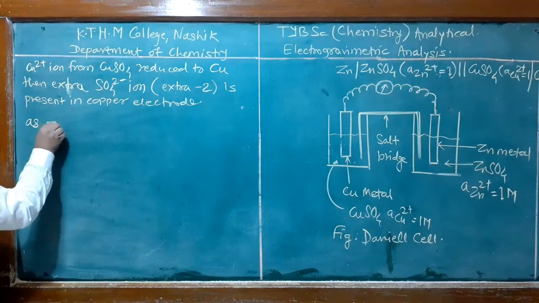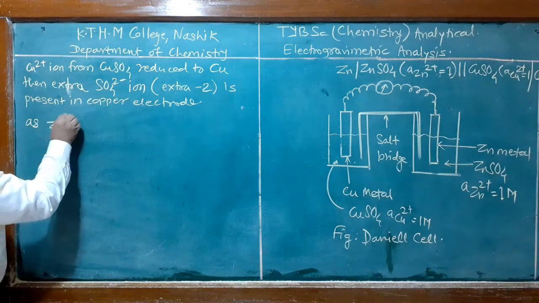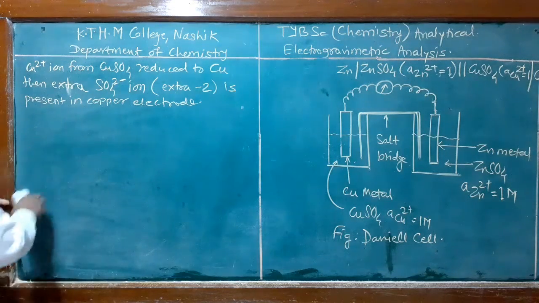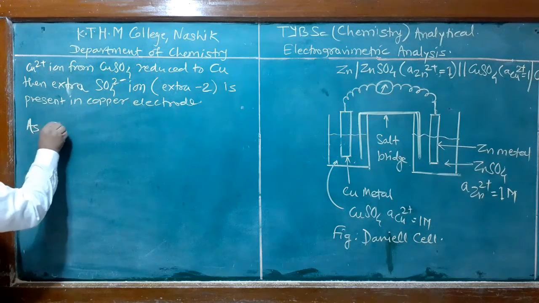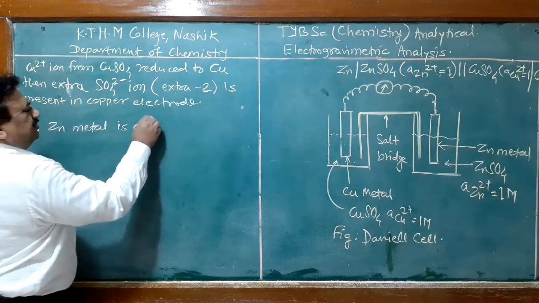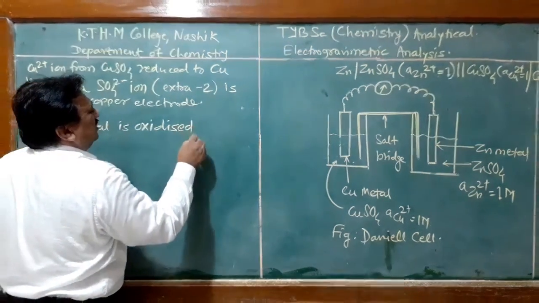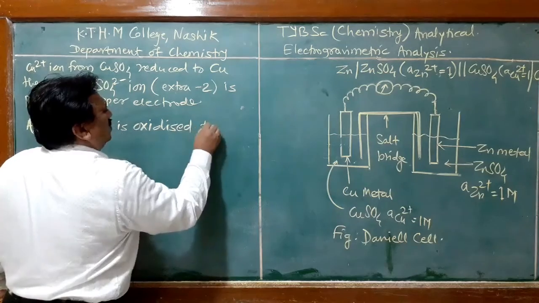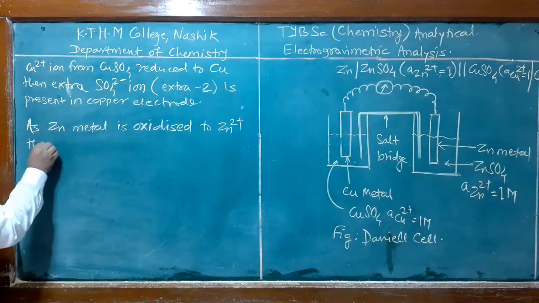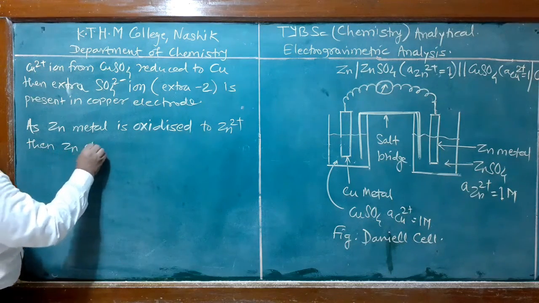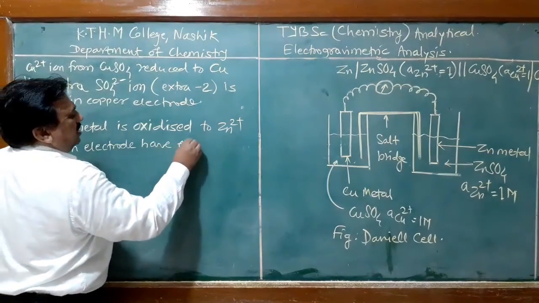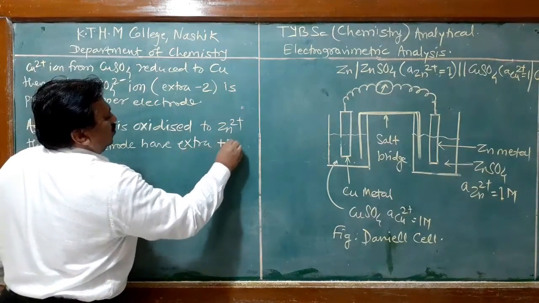As zinc metal is oxidized to Zn2 plus, the zinc electrode has extra +2 charge.